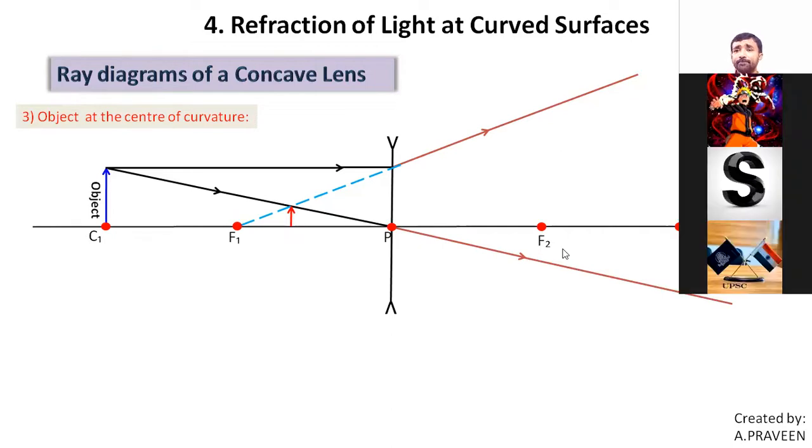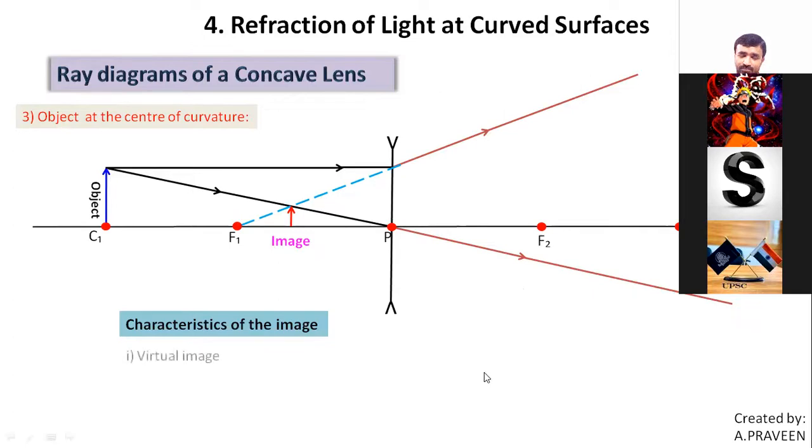Can anybody write the characteristics of the image obtained here? Anybody? Abhinay. Sir, it is a virtual image. Why virtual? Sir, we got the image by extending in the backward direction. Right? Yes, sir. Not by actual converging light rays.